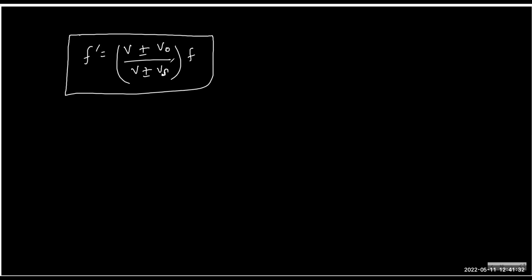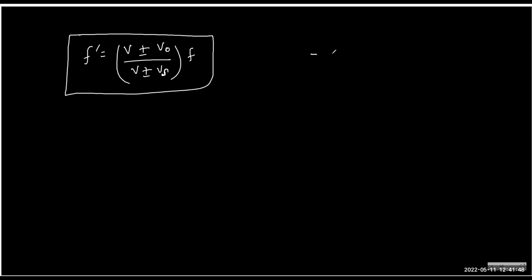So the observer is high priority, so numerator, and the source is low priority. Now take any situation and try to create the answer or formula.